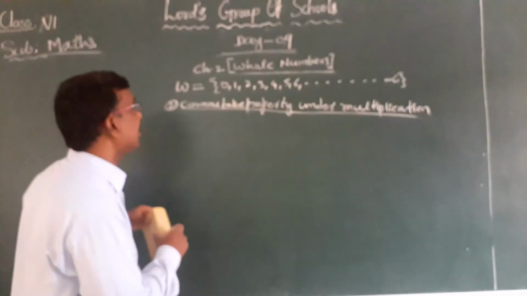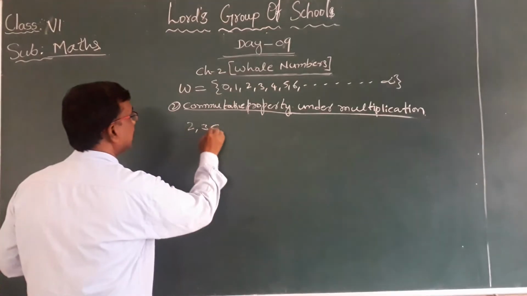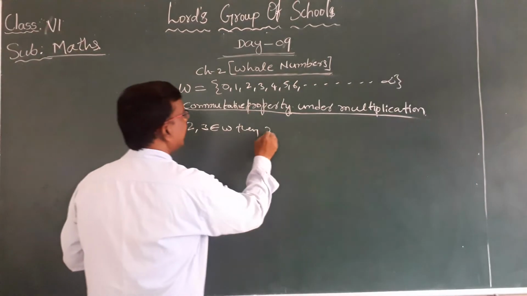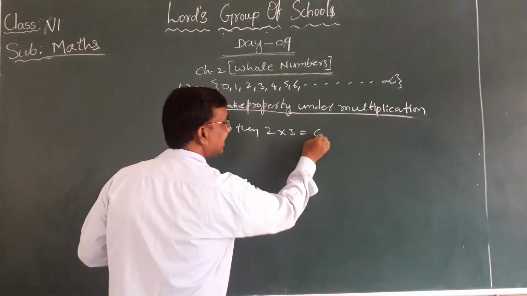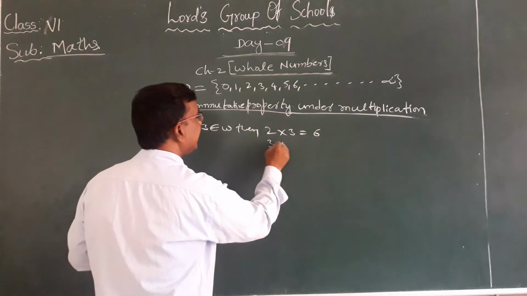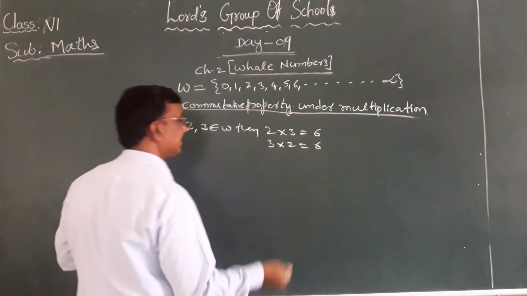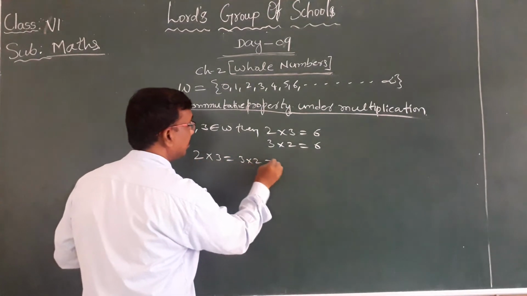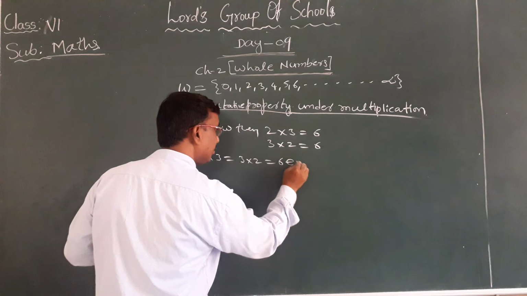Similarly here also we can take. Let us take 2 and 3, any two whole numbers. Then what is 2 into 3? That is 6. In reverse, 3 into 2, that is also 6. So 2 into 3 or 3 into 2 is 6, and 6 is also a whole number.